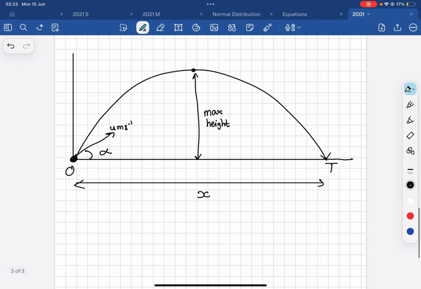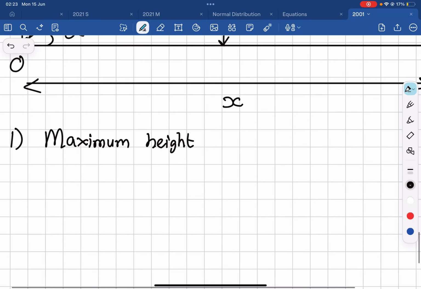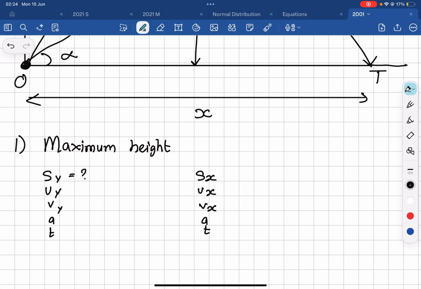So the first formula we're going to derive is the maximum height. If we start by listing our SUVAT variables with both vertical and horizontal, so ux, vx, a and t. So sy is what we're trying to work out.